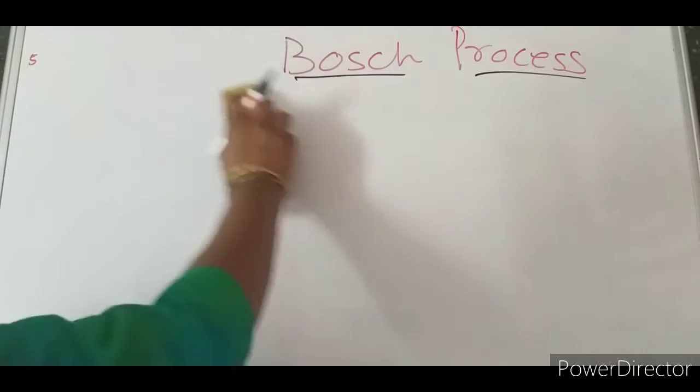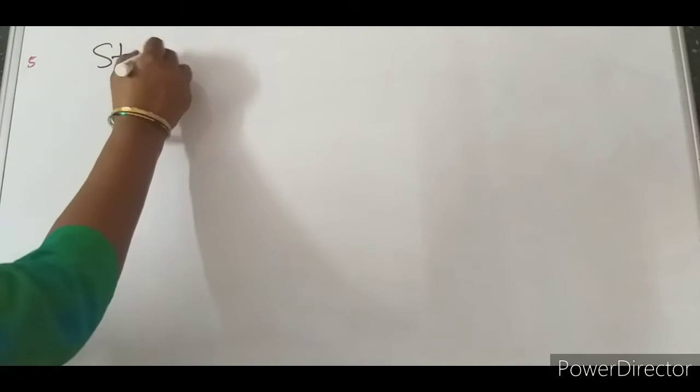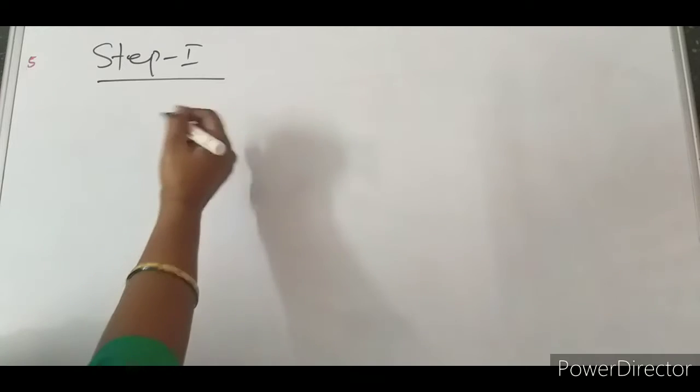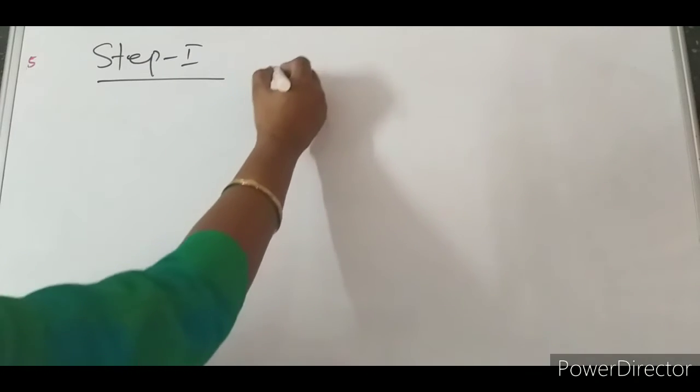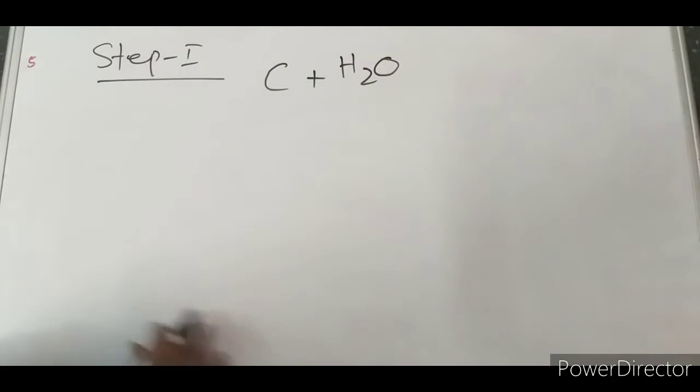So in the case of the Bosch process, let it be step 1. Here we have to take producer gas, water gas. We will take coke with steam.